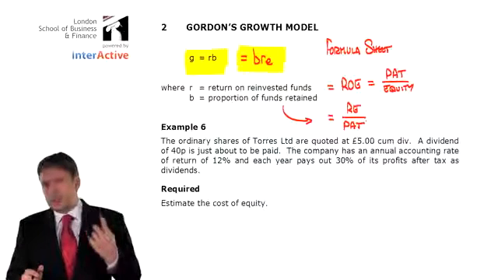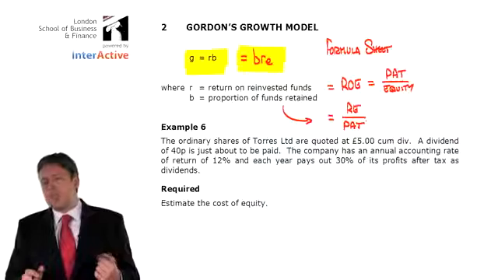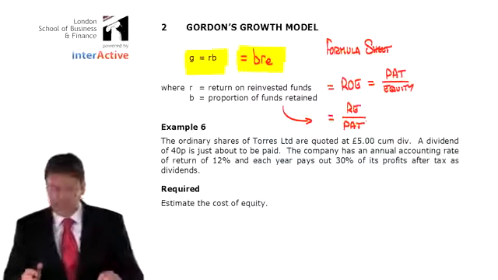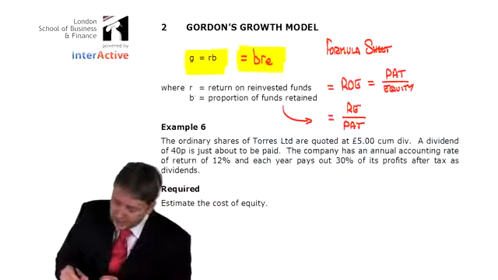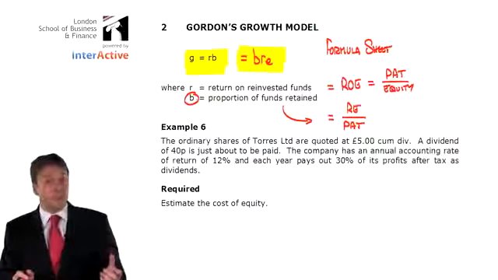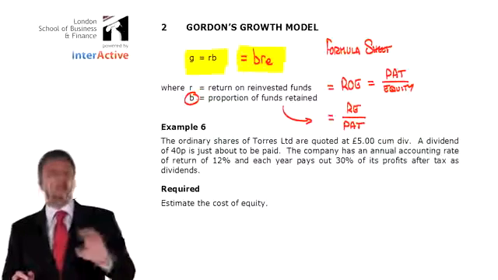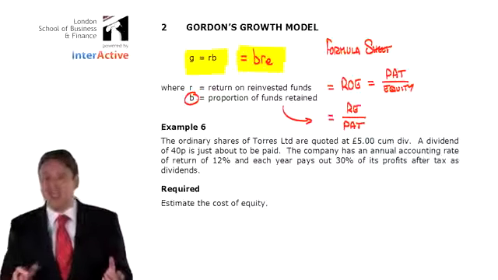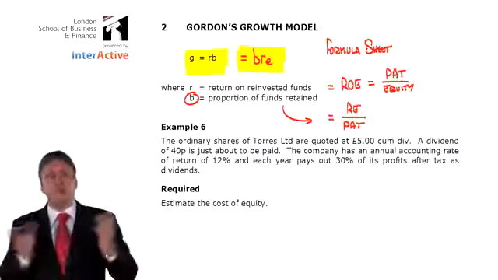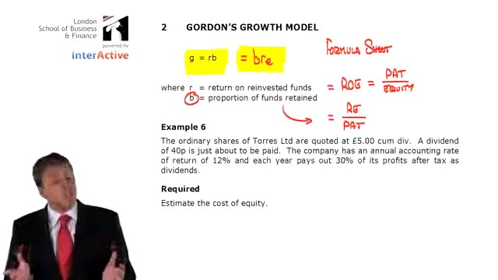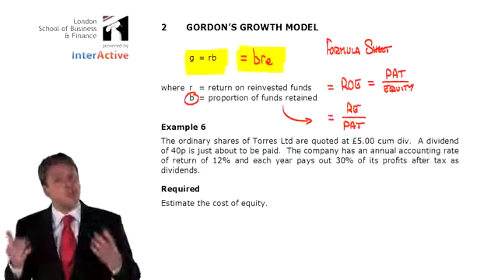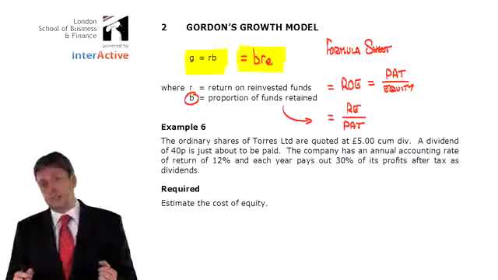The reason being this: there is a balance between the proportion retained, this b element here, and the dividends upon which the dividend valuation model works. Because if you retain more, you necessarily pay out less in the form of dividend, or vice versa. So in practice, it has been shown to be quite a useful guesstimator.